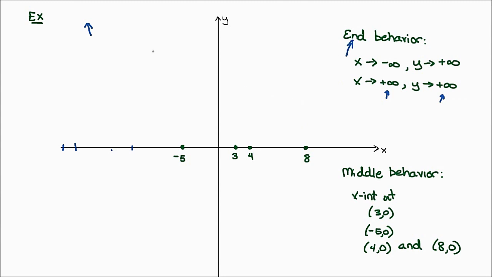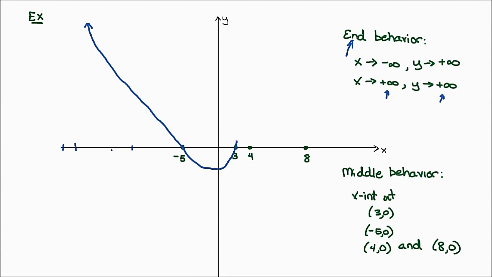Notice that these arrows just indicate that the graph is climbing as x goes negative, and the graph is climbing as x goes positive. And the behavior in between can be determined from these x-intercepts. So I have to climb, or fall in this case, down to this x-intercept. And now I'm just going to pretend for the moment that I know it's going to cross through it.